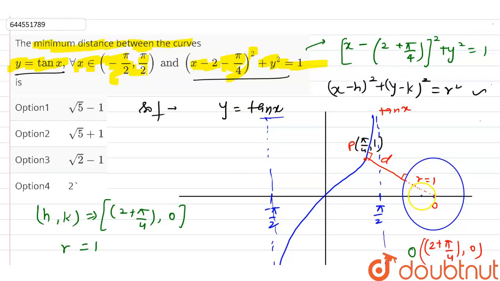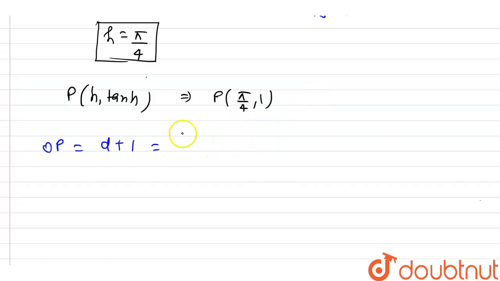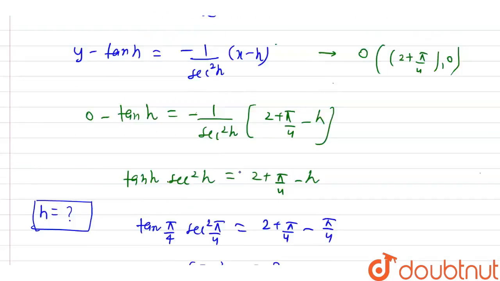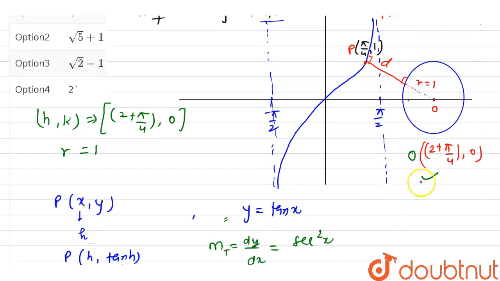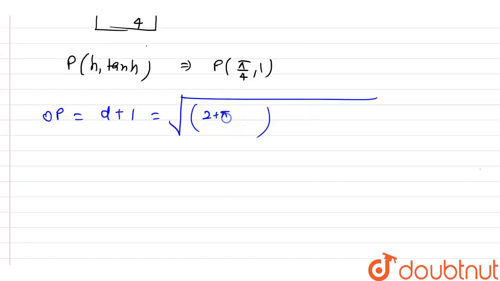I'm going to find this by the distance formula, under the root x2 minus x1 to the square, plus y2 minus y1 to the square. So x2 minus x1, I'm writing 2 plus pi by 4 minus pi by 4, it will be 2, but I'm writing it complete.